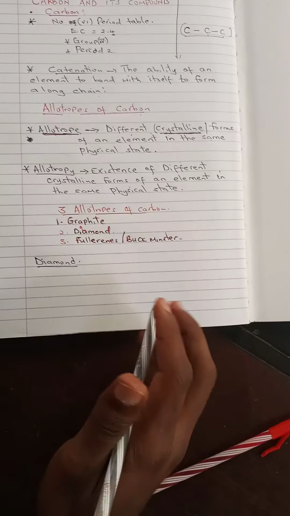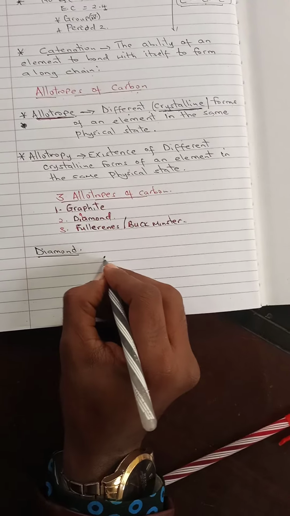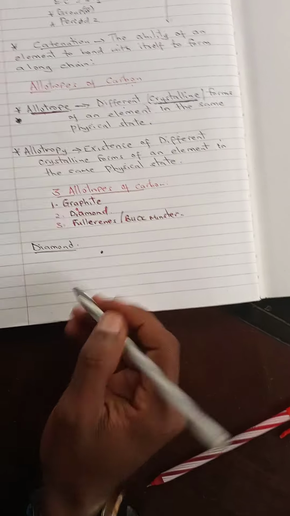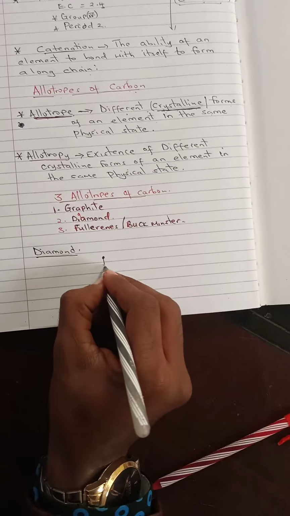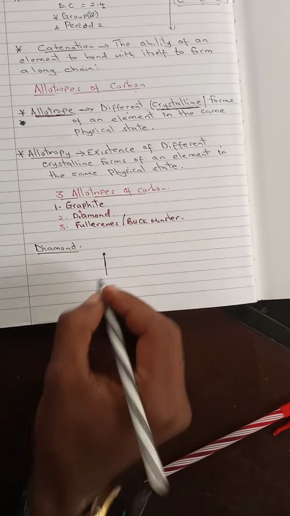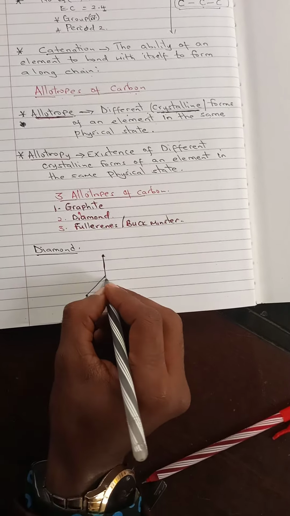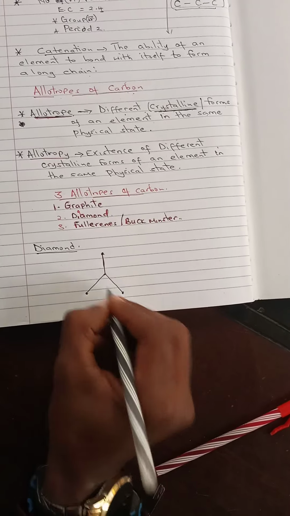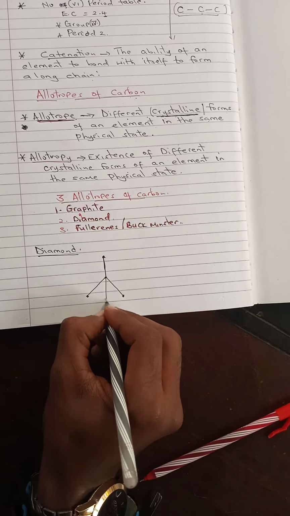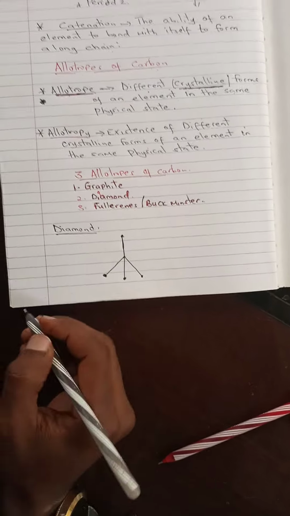For the diamond here, I'm going to draw you a structure of this diamond. From this structure, we are going to discuss 3 things. Diamond has a structure drawn like this. This one here is one of the carbons.